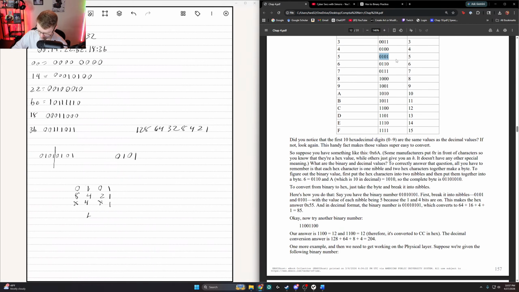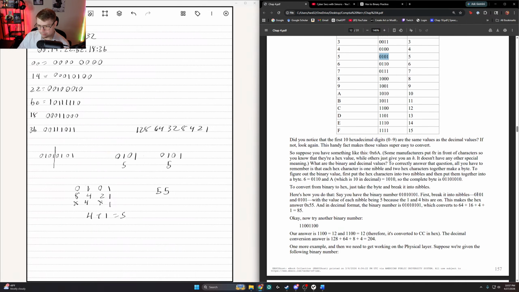And 4 plus 1 will equal 5. So we have 5 for that nibble. And the other nibble, 0101, is also 5. So in hexadecimal, we have 5, 5, right? If I did that correctly.